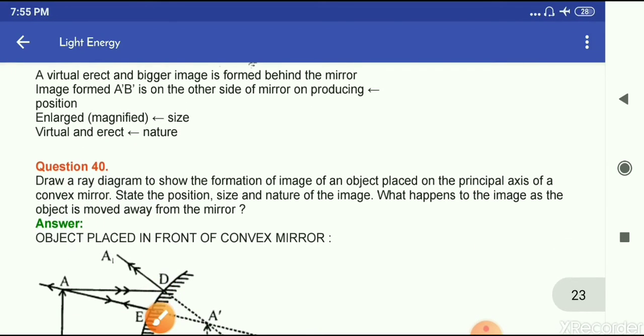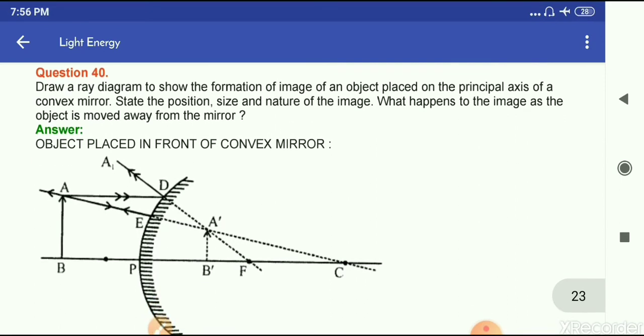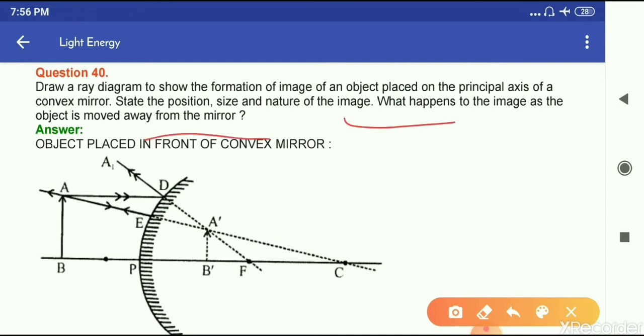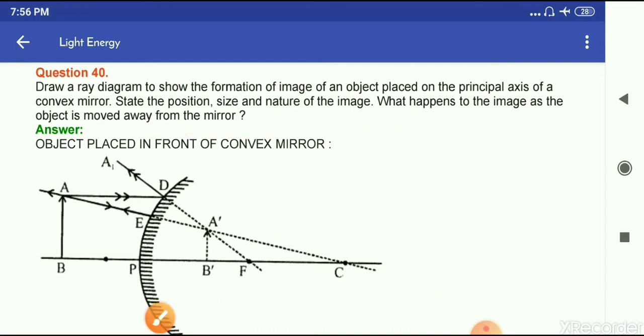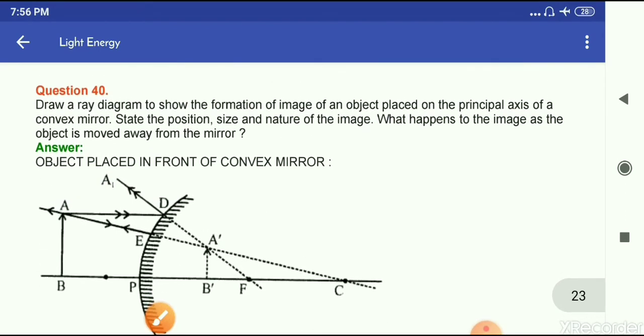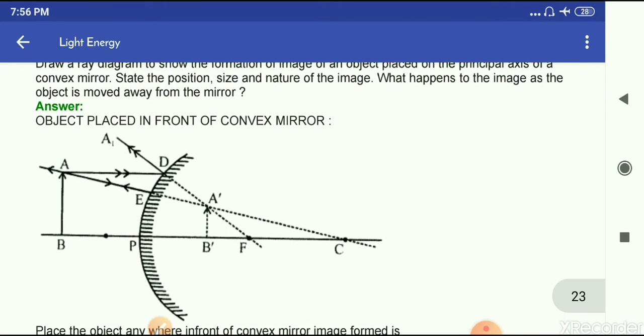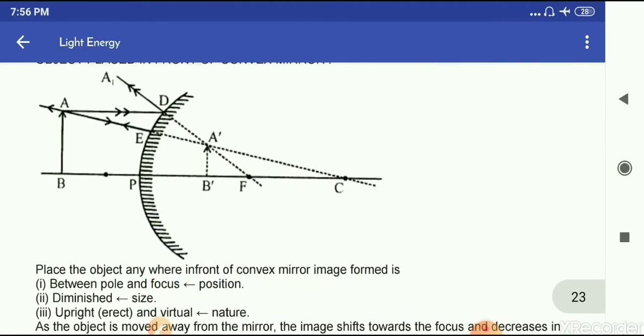Question number 40. Draw a ray diagram to show the formation of image of an object placed on the principal axis of a convex mirror, and state the position, size and nature of the image. What happens to the image as the object is moved away from the mirror? So this is the diagram. I already explained this while explaining the lesson, and also you have to write down the characteristics of the image.